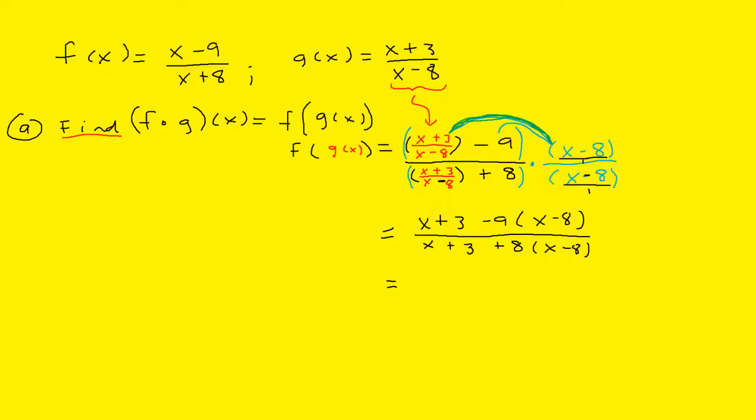So x plus 3, the negative 9 distributes, negative 9x plus 72, all over x plus 3 plus 8x minus 64.